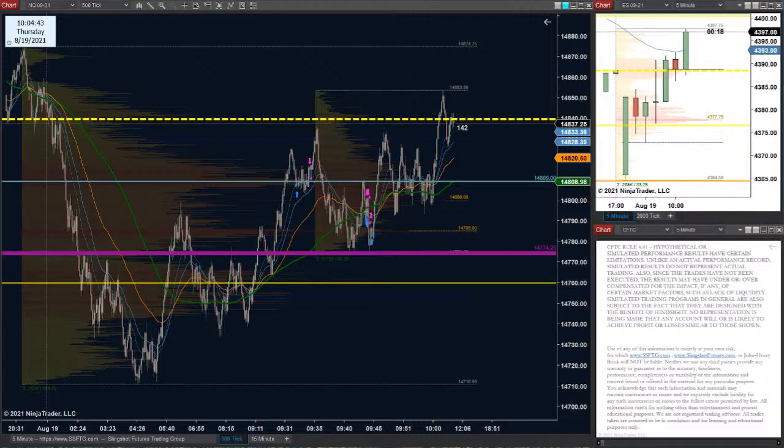So far, the market's holding that value pullback we were talking about at 3.04% on the daily.